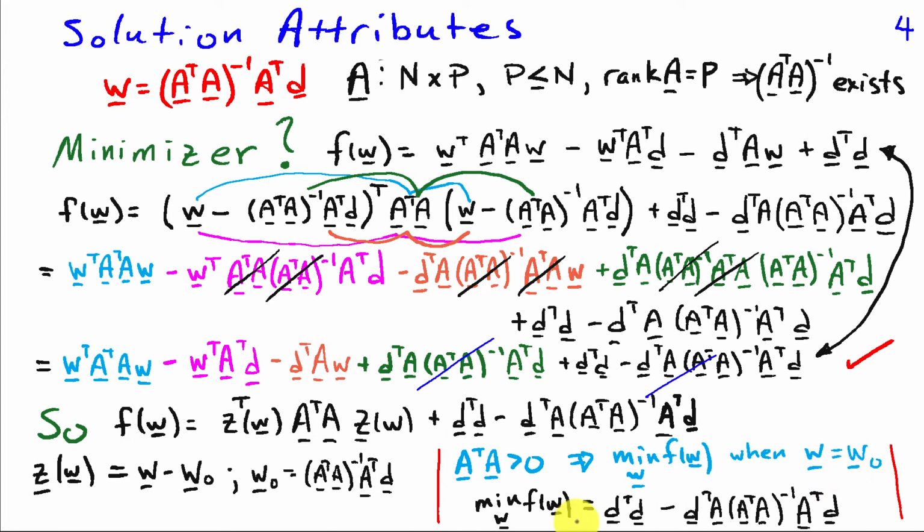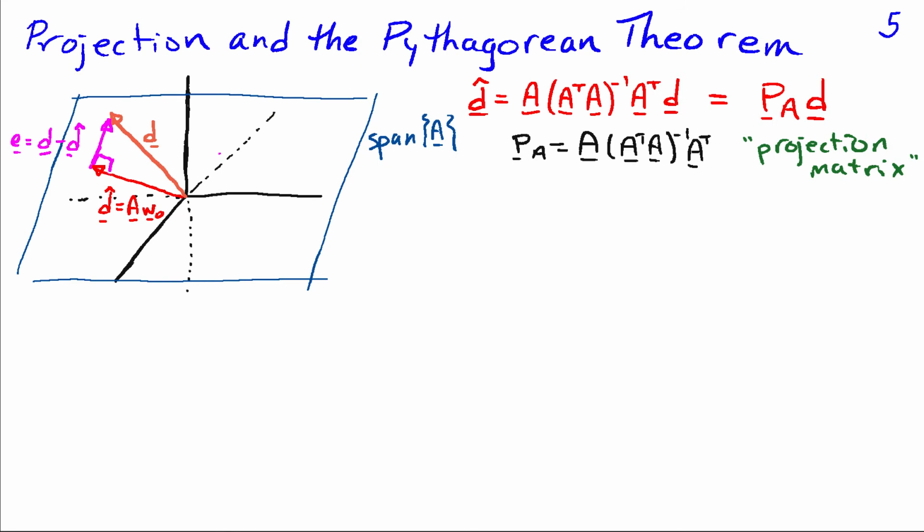The minimum value is this term on the right. In other words, when we set this to 0, because z is equal to 0, the minimum value of the cost function, or the squared error, is d transpose d minus d transpose A, quantity (A transpose A) inverse, A transpose d. Now there are geometric interpretations for what's happening here in this problem.